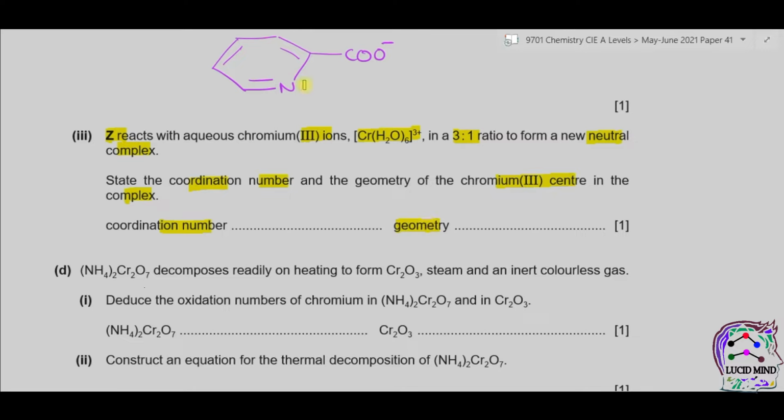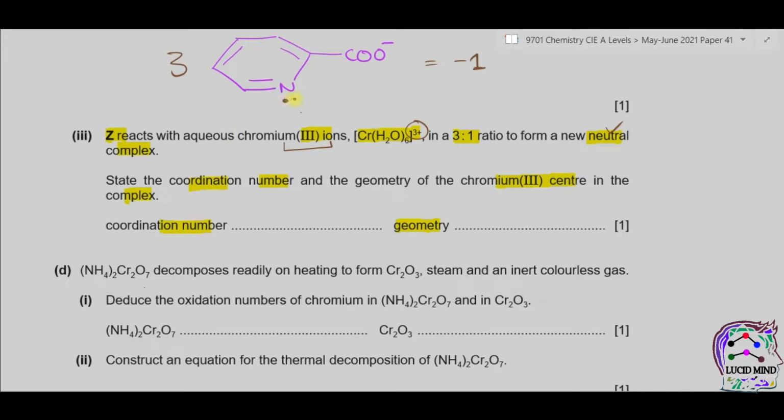Now Z reacts with Cr 3+, as the charge is plus 3 on chromium and we have -1 charge on Z. So we will need 3 of these in order to make it neutral. So 3:1 ratio means 1 chromium and 3 Z will react with each other.